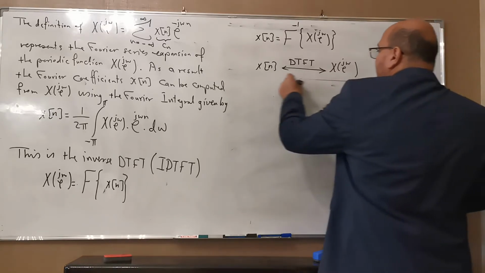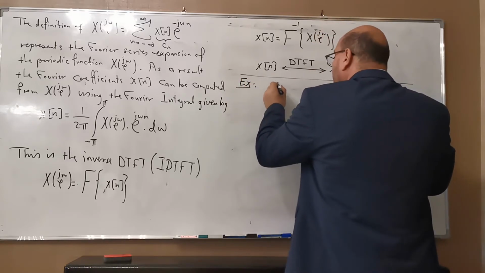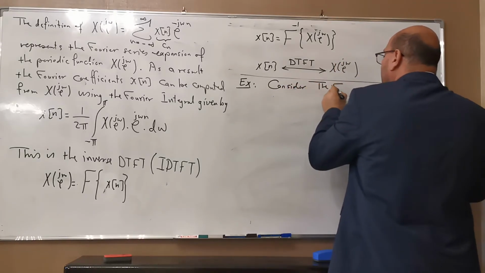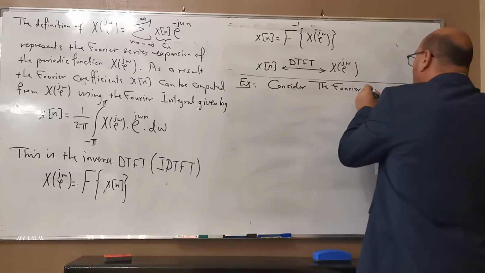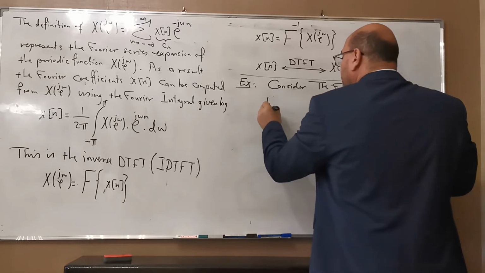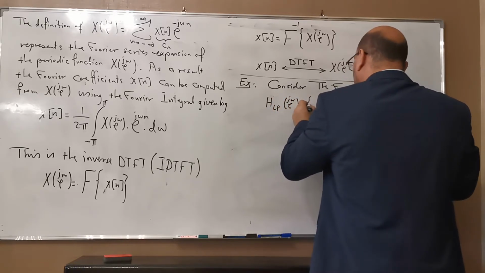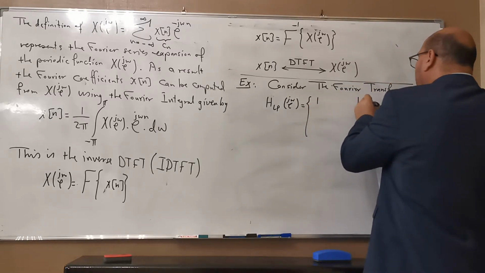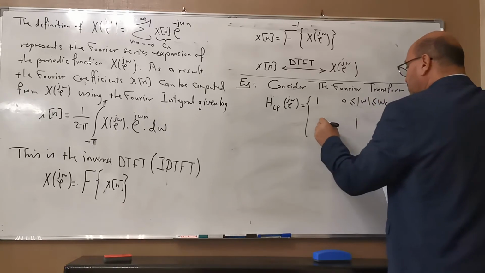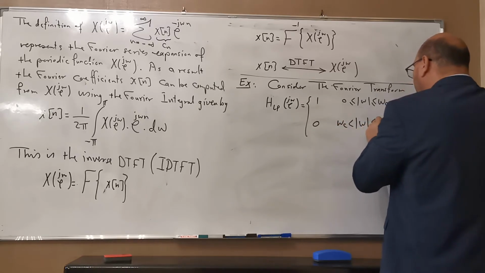Okay, I'm going to take an example here. Consider the Fourier transform H_lowpass(e^{jω}) equals 1 for the magnitude of ω between 0 and some ω_c, the cutoff frequency, and 0 for the magnitude of ω between ω_c and less than or equal to π.